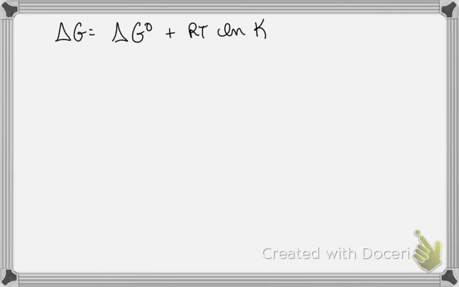Okay? If a reaction is at equilibrium, then that means that the delta G is 0 and that Q is equal to the equilibrium constant, K. So I kind of threw that in early.